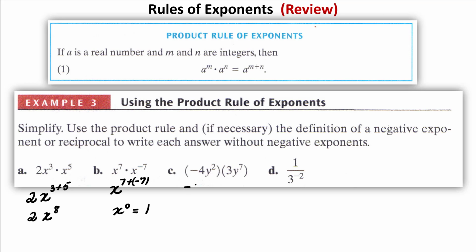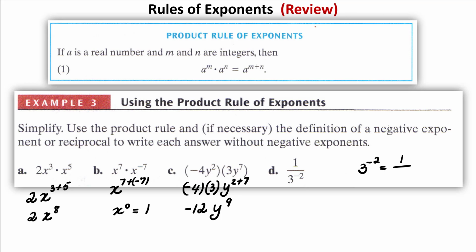Any number to the 0 is equal to 1. Negative 4y squared times 3y to the 7th: negative 4 times 3 is negative 12, and y to the second times y to the 7th is y to the 9th. Negative 12y to the 9th.